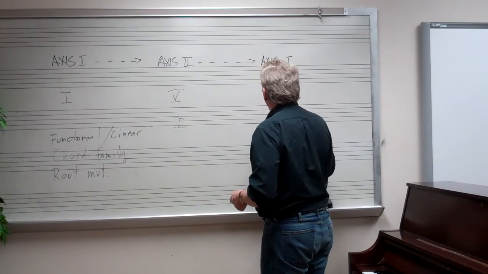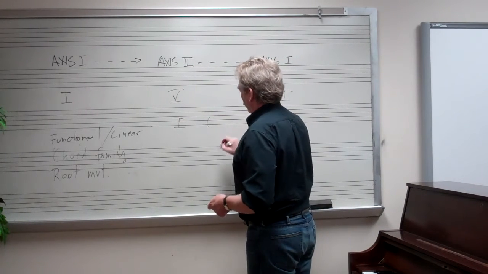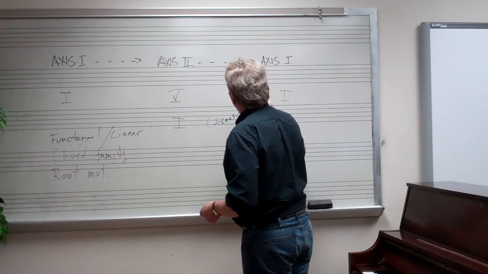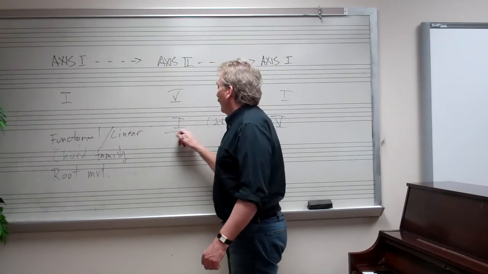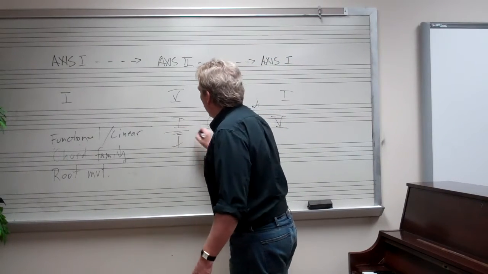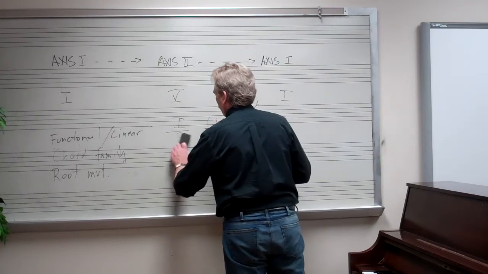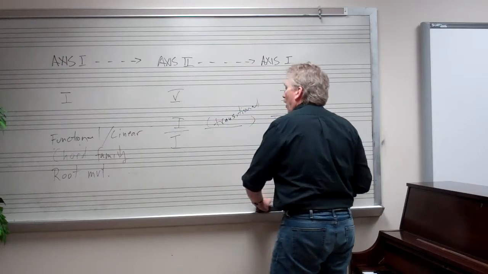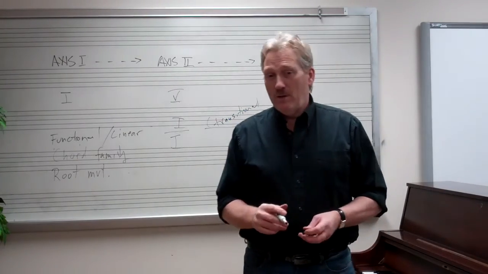Family two is our dominant family. And then in the middle is our transitional family. Parent, meaning the chord that really defines the family, is indeed our tonic and our dominant. Those are our parent chords.